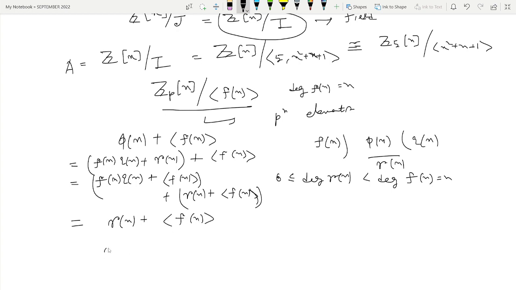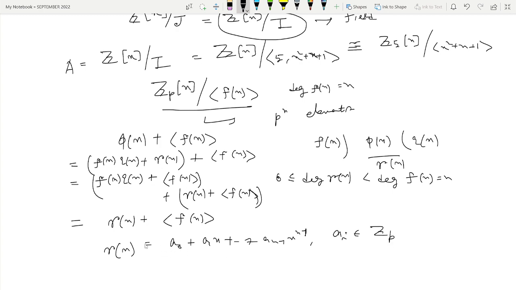Now rx is a polynomial of degree at most n minus 1, of the form a0 plus a1 x up to a n minus 1 x to the power n minus 1, where all such ai are from Zp.